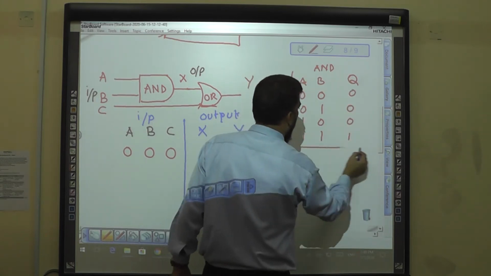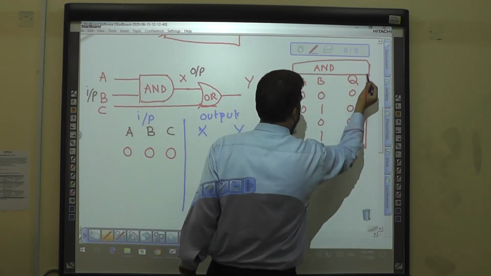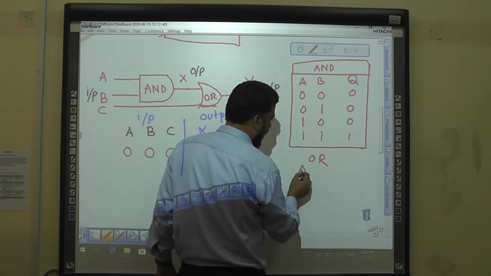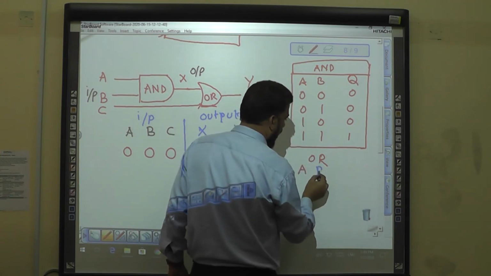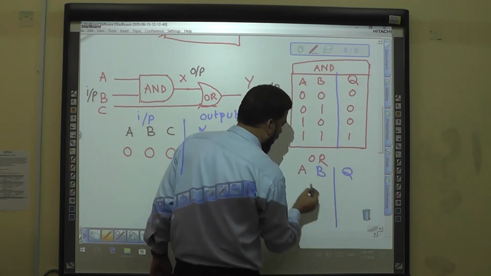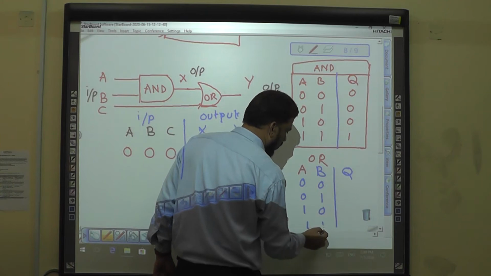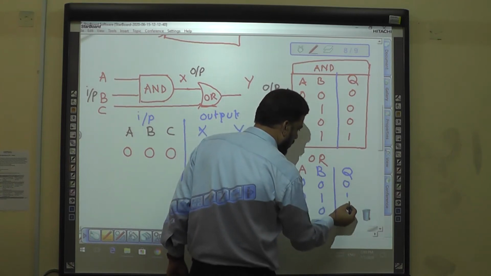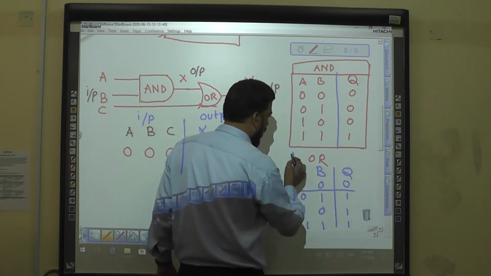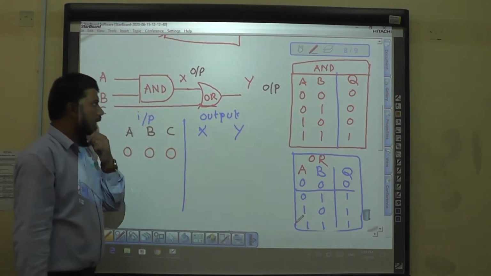Except the last, if all inputs are 1, the output is 1. And for the OR gate, A, B, Q: 0 0, 0 1, 1 0, 1 1. Here the output is all 1 except the first, which is 0. So recall yourself, these are the basic logic gates AND and OR.